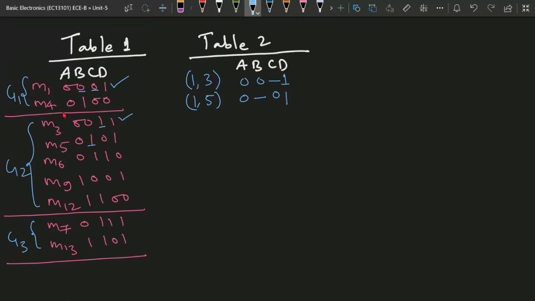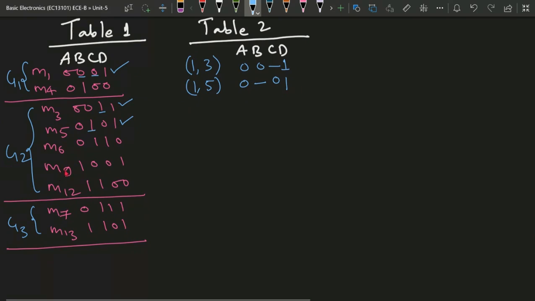If it is not paired and all combinations have been completed, then we will make it a star. So M1 is compared with M3, it is ticked because it is paired. M1 compared with M5 is also paired because of only one bit change, so we will tick it. With M6, more than one bit is changing, so we will not be taking it out.